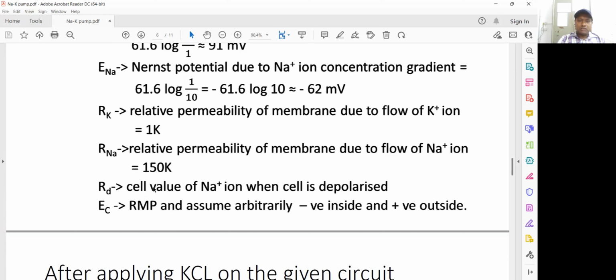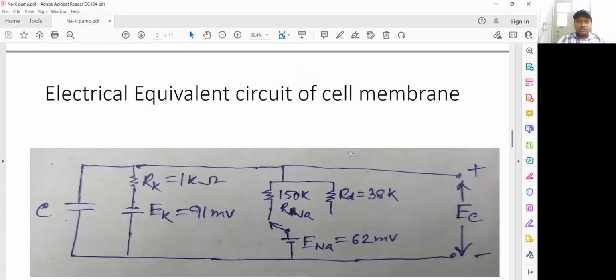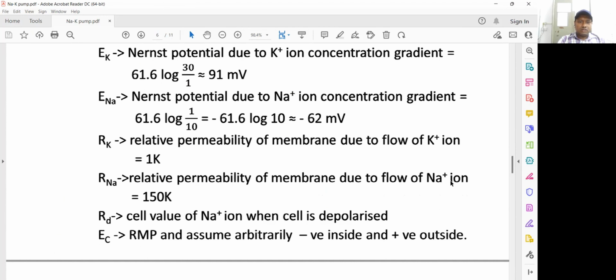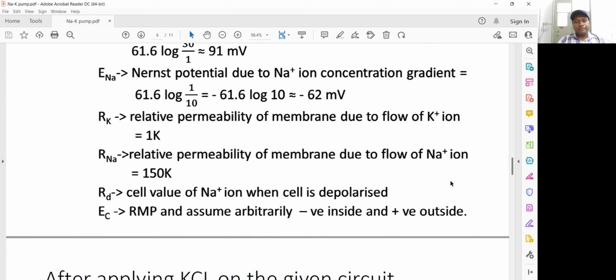RD is the cell value of sodium ion concentration when the cell is depolarized. And EC, finally, at the right side. This EC is the RMP, assumed arbitrarily negative inside and positive outside.